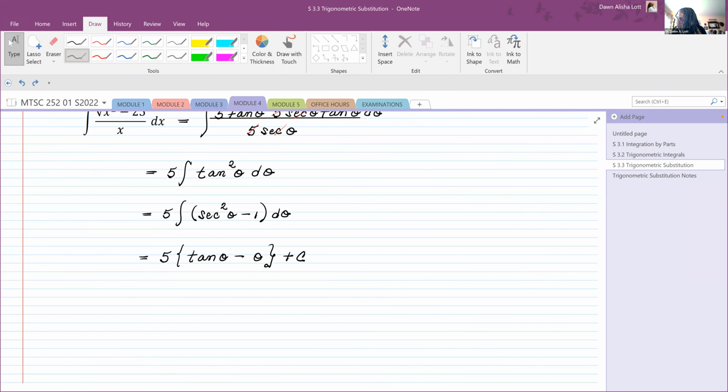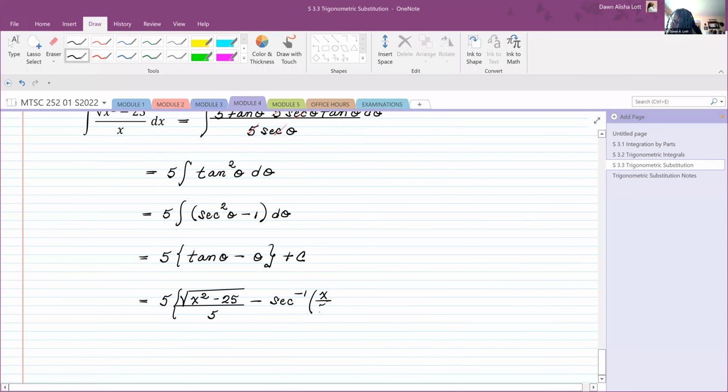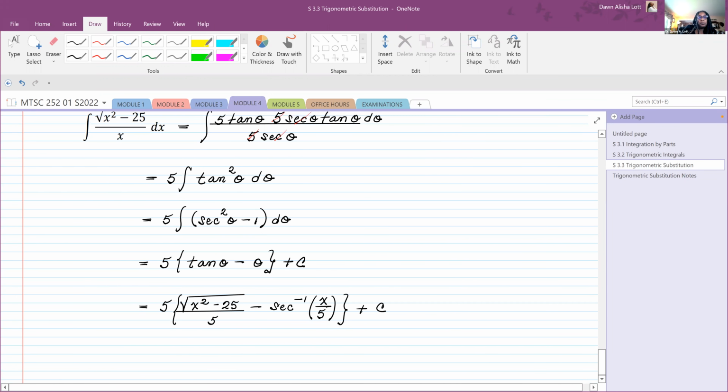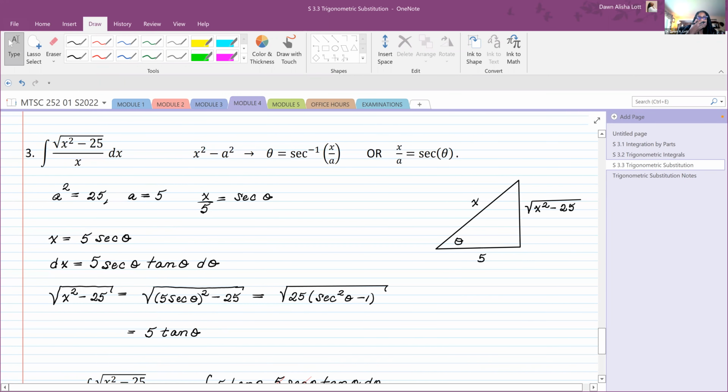Therefore we get 5 times the tangent of theta, which we said was the square root of x squared minus 25 over 5, minus theta, and theta is the secant inverse of x over 5, plus a constant.